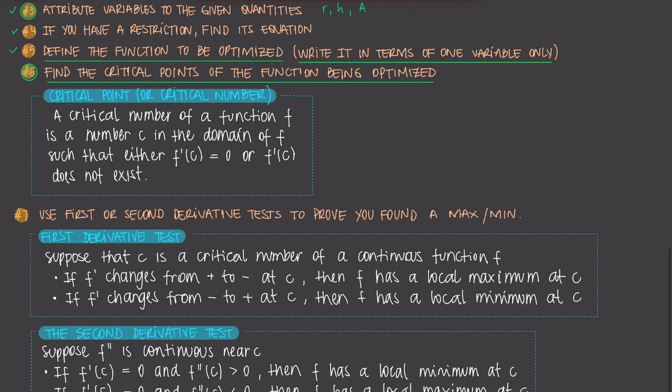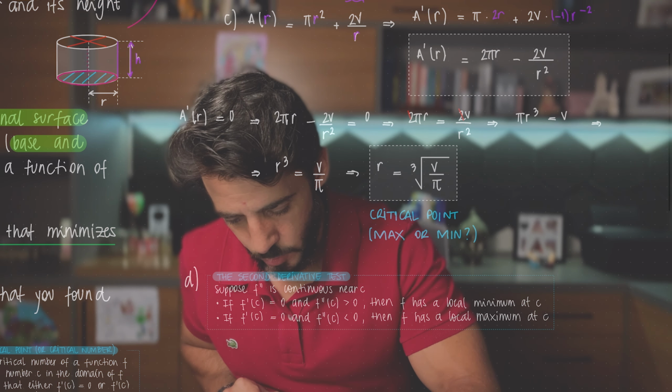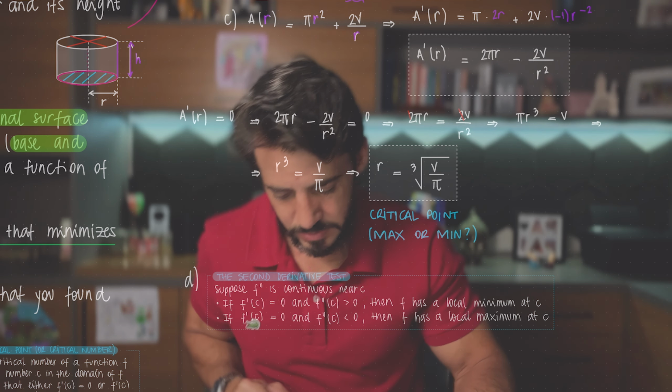If we get a positive result, we have a min. If we get a negative result in that substitution, then we have a max. So right now we're using the first or the second derivative test to prove that we found a max or a min. In this case, as mentioned before, we are going to use the second derivative test.